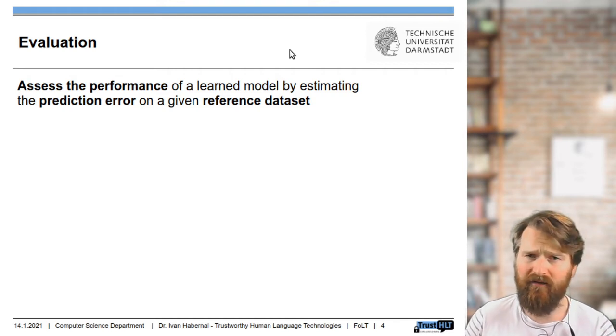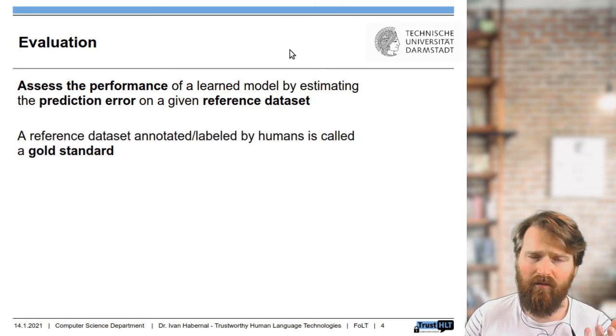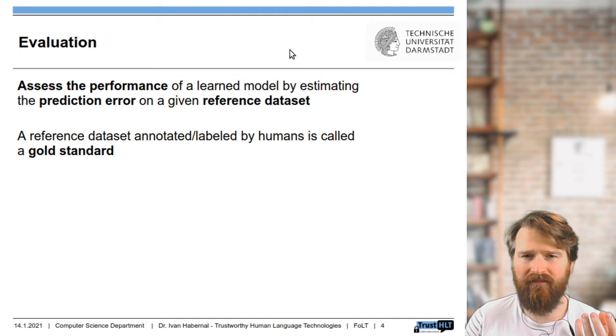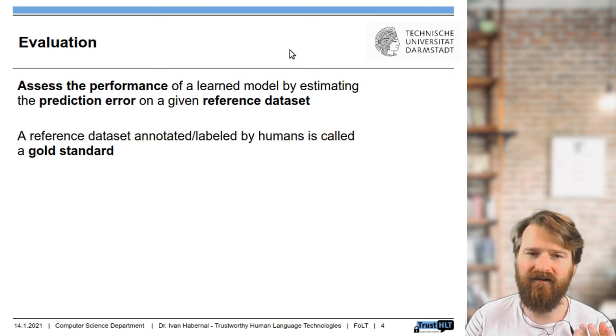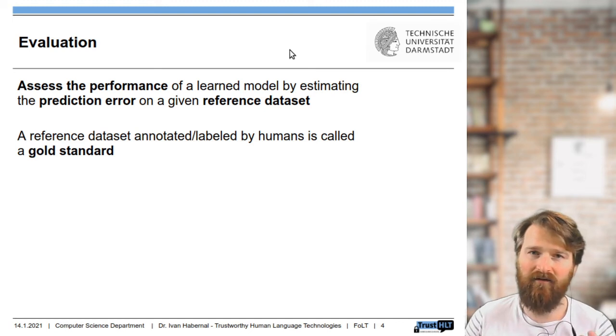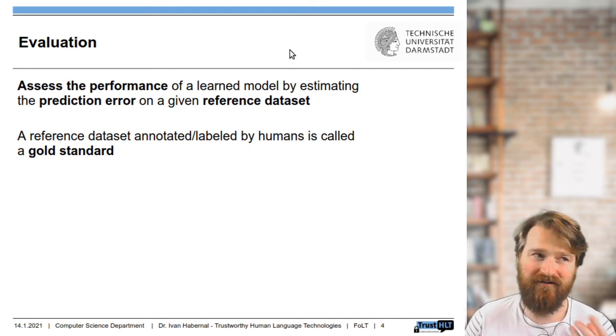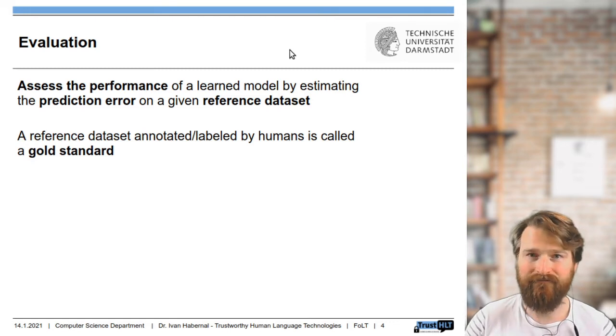This is something we already talked about last time, but here we specify the reference data set. Typically, we call it a gold standard data set because it's typically hand-coded, annotated, or labeled by humans, and since human time is worth gold, we call it the gold standard or the single source of truth.